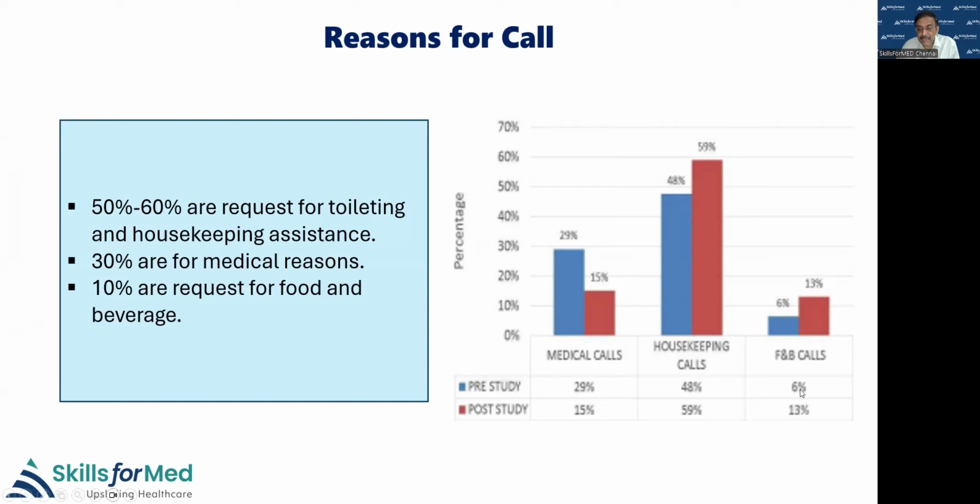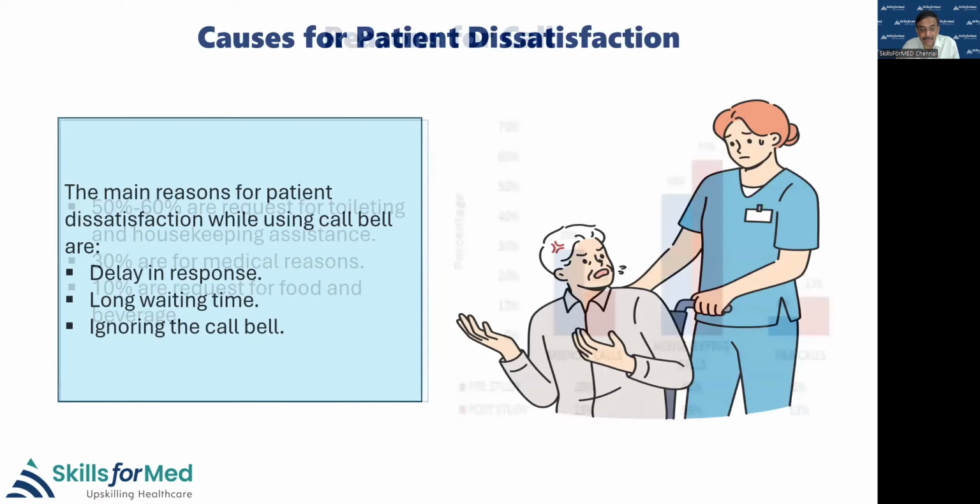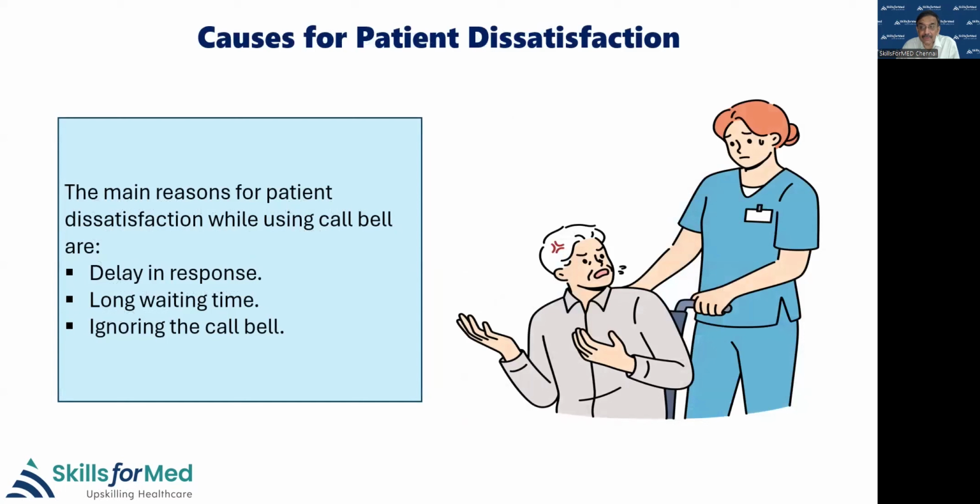So in the pre-post study, the medical calls actually go down. That is the important thing to note, because then you are actually increasing the patient's safety. So even though the other calls look like they are going up, they are going to the appropriate person and not to the nurses.